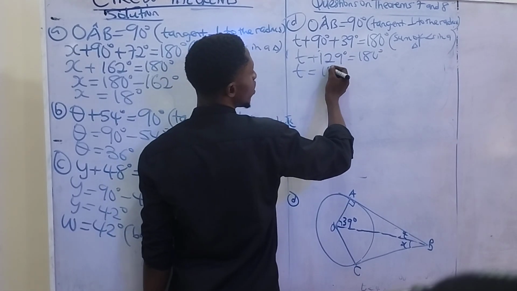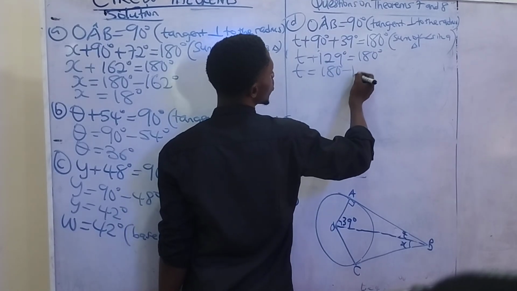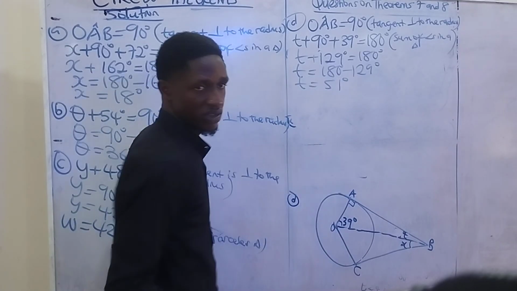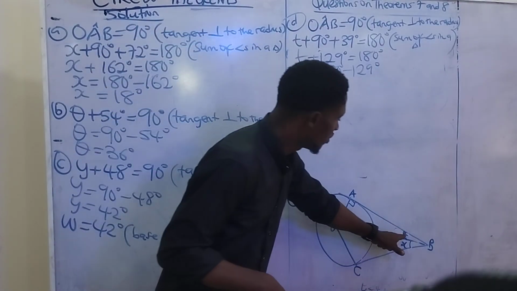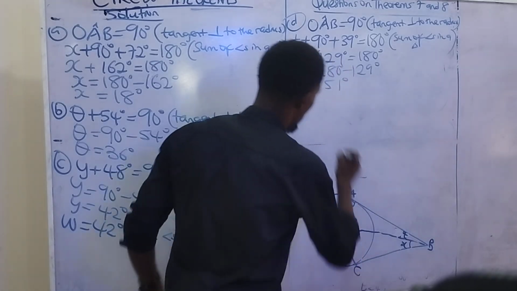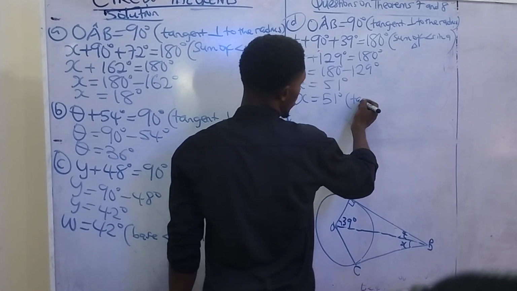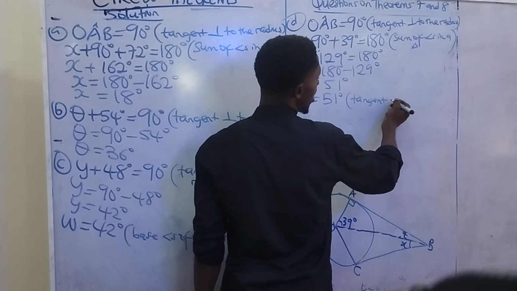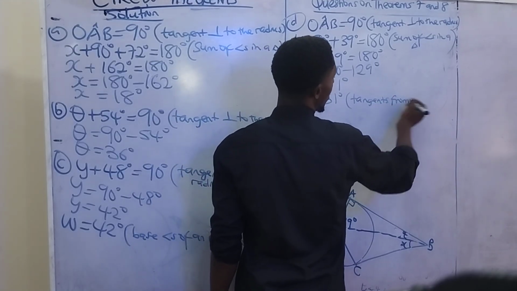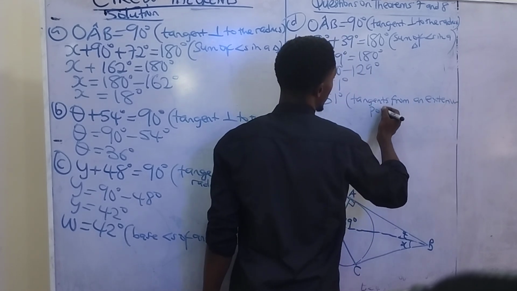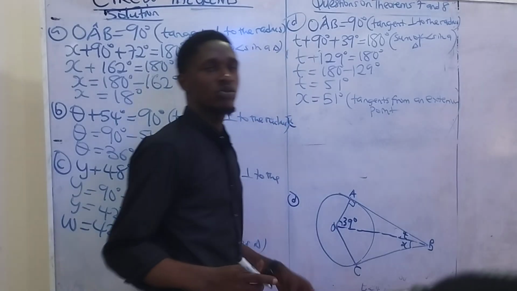So T equals 180 minus 129, which will give us 51 degrees. But remember what I said, this is equal to this. So our x is also equal to 51. Let's call it tangents from an exterior point. So that is how to go about this.